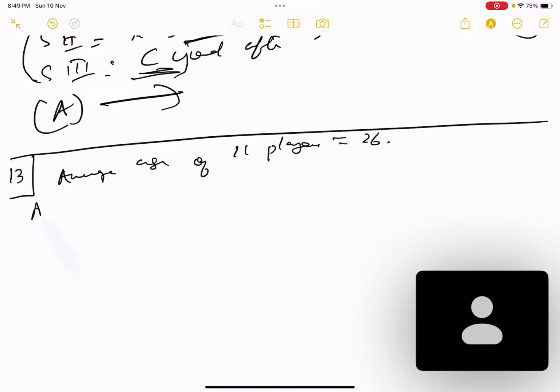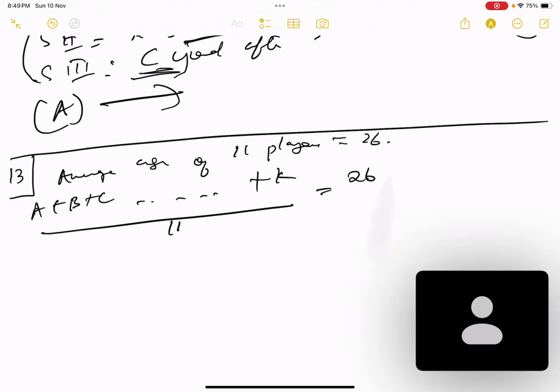Now, let those 11 players be A, B, C, up to K, right? 11 players divided by 11, the average is 26. That is the question.